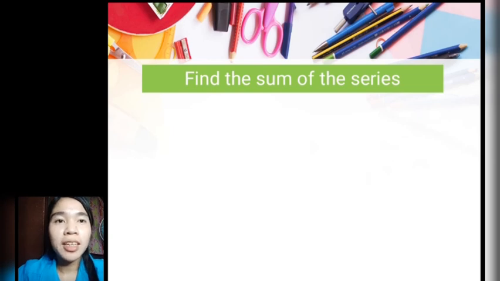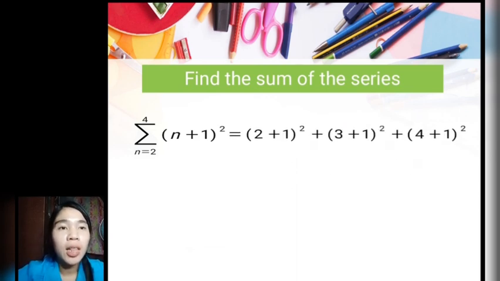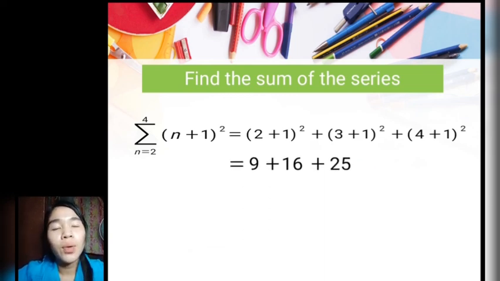Now, let's have another example. We have here the summation of n equals 2 to 4 of (n plus 1) squared. We start at 2 and end with 4. So we have (2 plus 1) squared plus (3 plus 1) squared plus (4 plus 1) squared. When we add 2 and 1, we get 3.